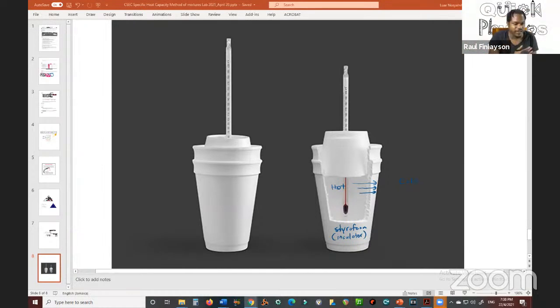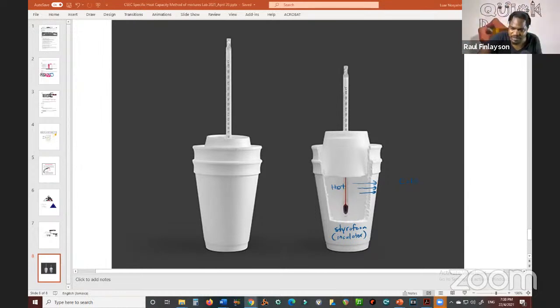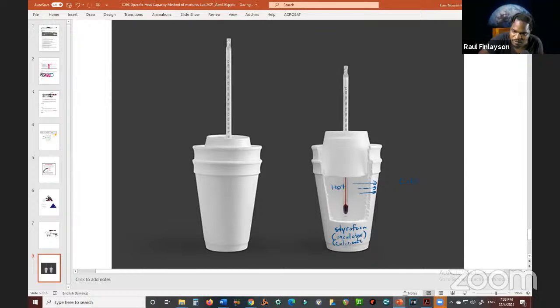You guys probably can't relate to that now because it's COVID, and we're not allowed to have those types of events. But you can use your imagination. So here is the situation: the styrofoam cup is an insulator, and in the lab it's actually referred to as a calorimeter, because once we put a thermometer in a styrofoam cup and close it, it becomes a calorimeter.